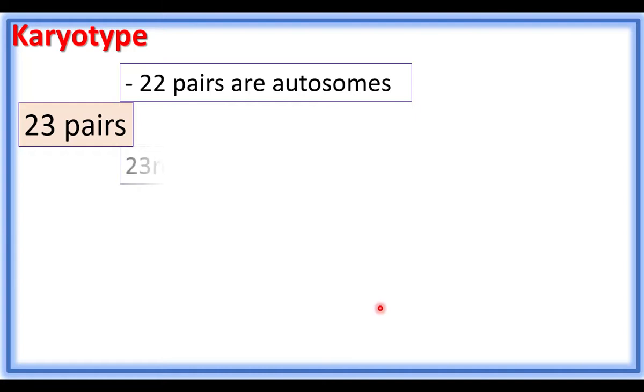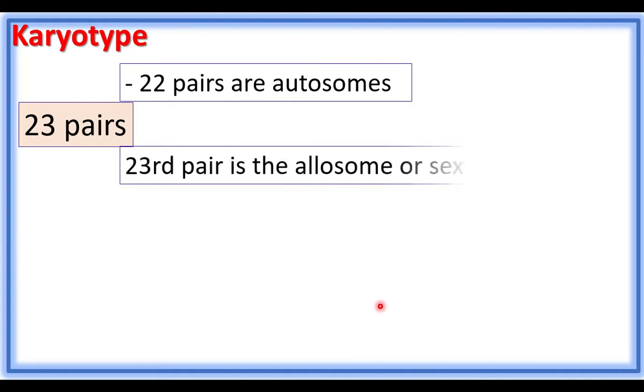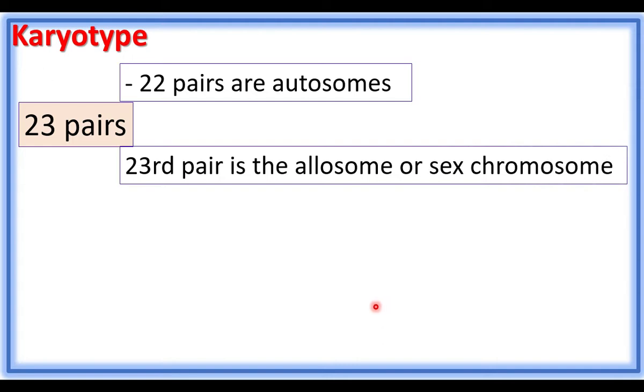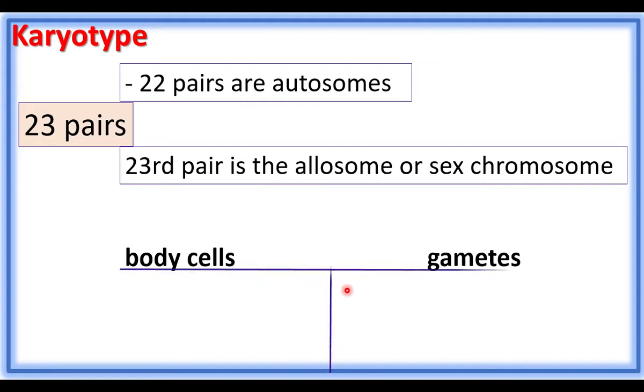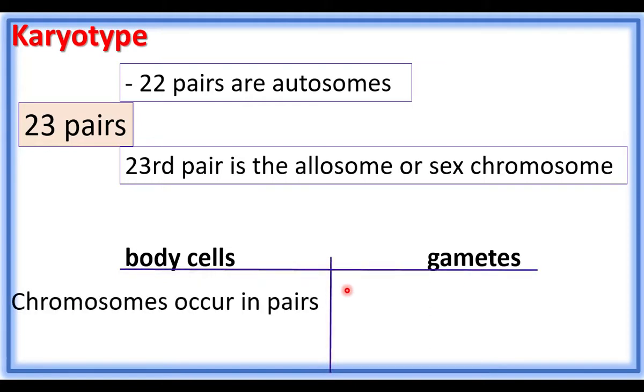In human beings, the 23rd pair is the allosome or sex chromosome. The number of chromosomes in body cells and gametes is different. Body cells have two sets of chromosomes. In body cells, chromosomes occur in pairs.